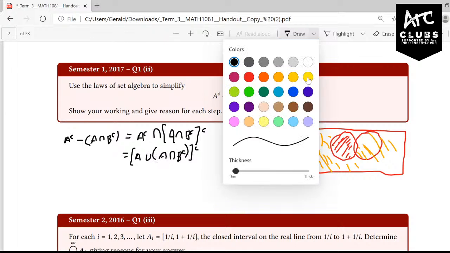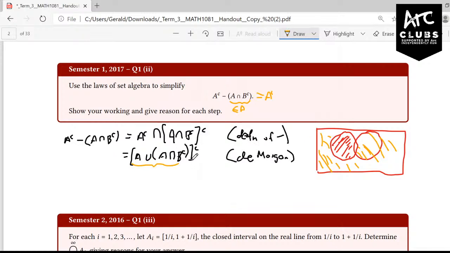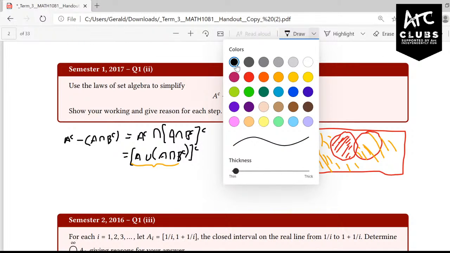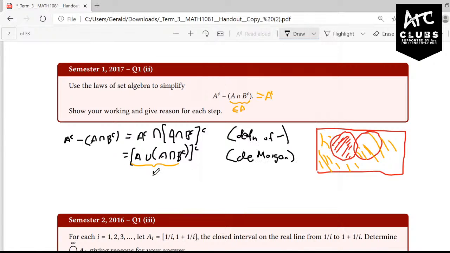So if you look at this portion here, you'll notice that A has to be involved here, and A is also involved in this portion here. So one of the really nice, and I guess one of the most uncommon, properties is that we can simplify this to A, and this is by the absorption law. The textbook calls that first step the difference law.